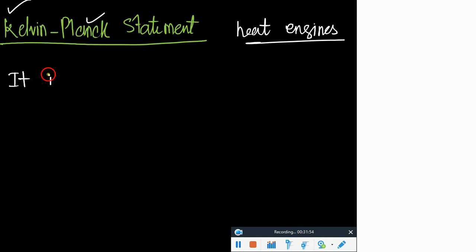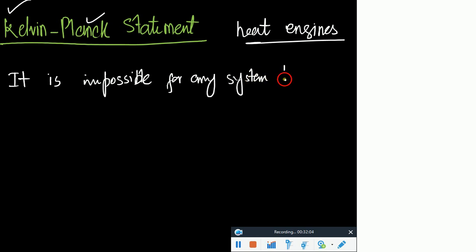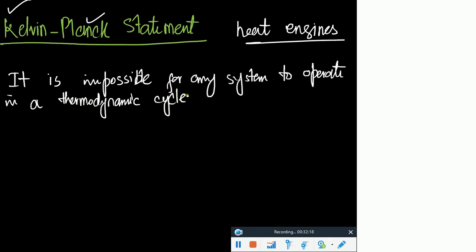So how do you describe it? It says it is impossible for any system to operate in a thermodynamic cycle. Remember that, you talk about this thermodynamic cycle, okay?